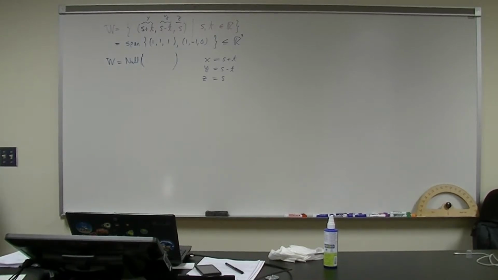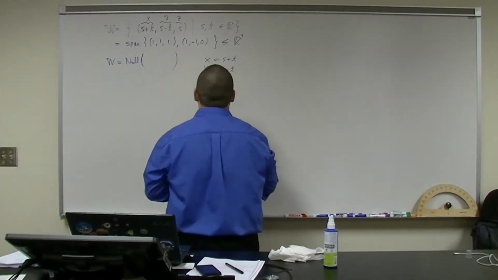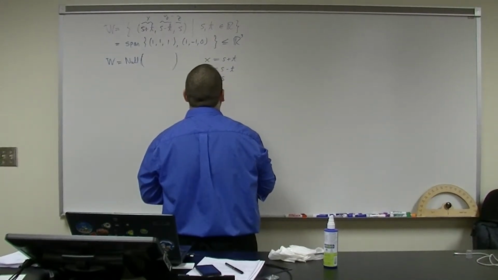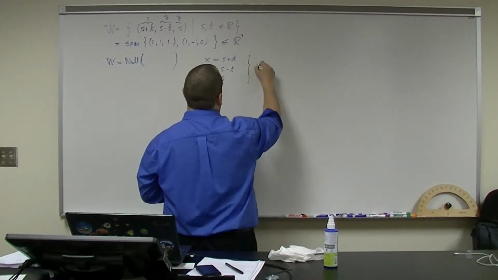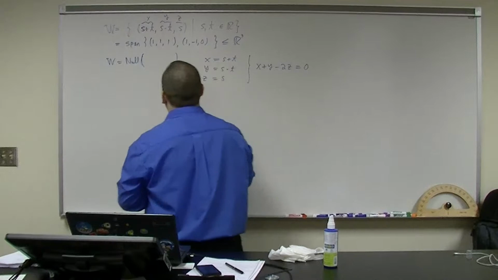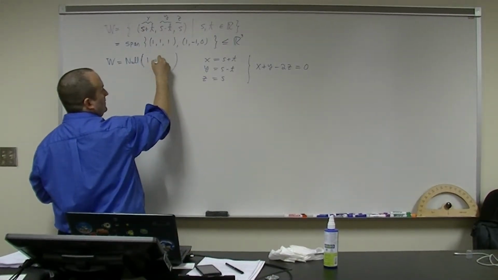X plus y minus 2t. X plus y, I'm not allowed to use t though. Minus 2z. Oh, you said x plus y minus 2z equals 0? Indeed. So the row we're looking for was 1, 1, minus 2.